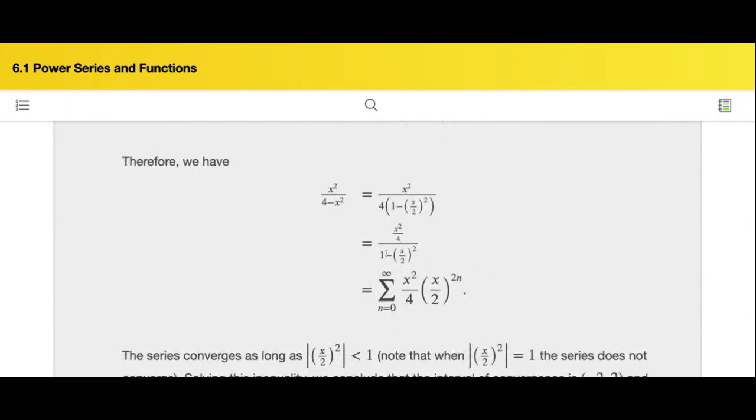They did something more complicated. So mine works, and this one also works. But I don't like this one, because remember, we want to manufacture A, so we want to follow A over 1 minus R. We want to manufacture A, we want to manufacture R. All right, I don't like this one.